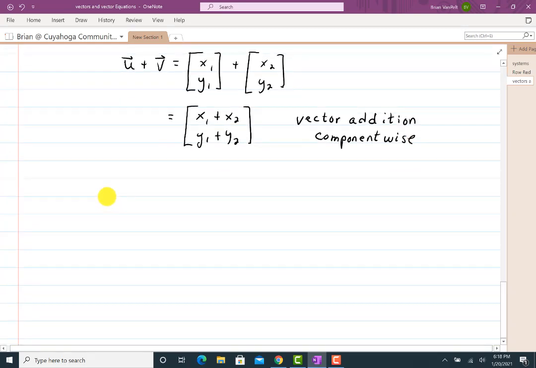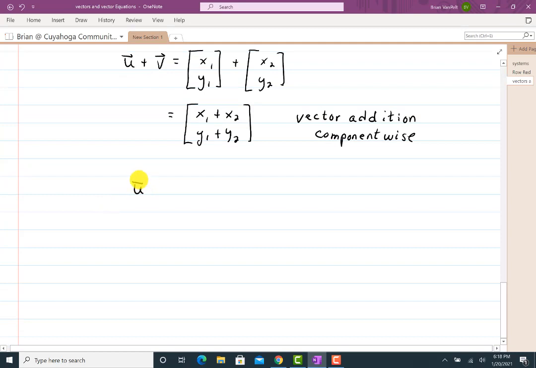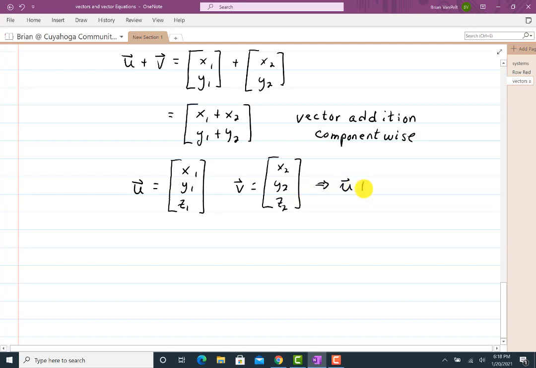So in particular, if u equals x1, y1, z1, and v equals x2, y2, z2, then u plus v would be the sum of the first components, the sum of the second components, and the sum of the third components.